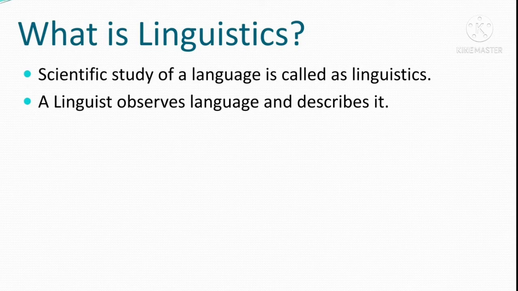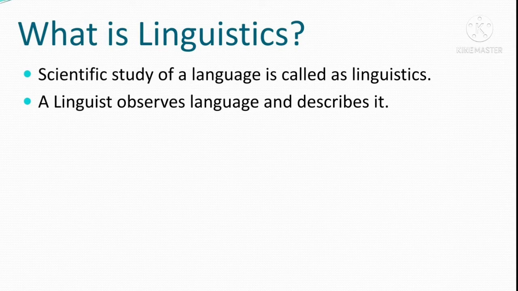Maybe I'm speaking now, and if you had listened to me, you could say that I'm speaking too fast, or you could say I'm speaking too slow, or you could say you don't understand my intonation or my accent, or you could even say that I'm speaking bad English. This is called observation, and you will have your own reasons.